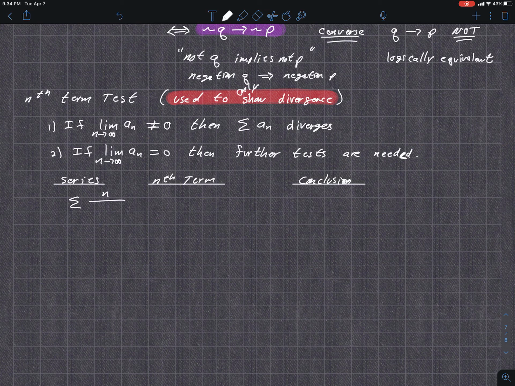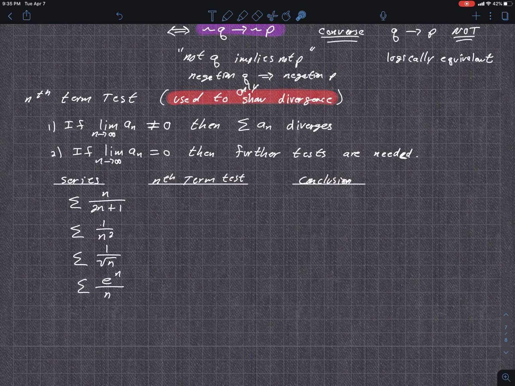These all approach infinity, it's always 1 to infinity, so we'll speed up the notation a little. The sum of n over 2n plus 1, the sum of 1 over n squared, the sum of 1 over root n, and the sum of e to the n over n.